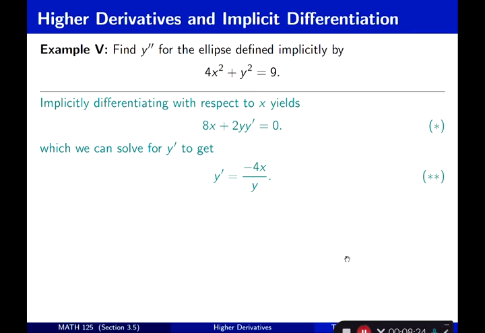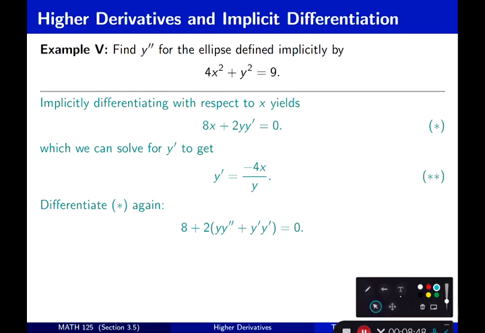So the other method, we're not going to solve for y prime from 8x plus 2y y prime equal to 0. I mean, we're not going to use the format that we solved, but we use the unsolved part to take another derivative. So take another derivative of this one, and in here you get the derivative of 8x is going to be 8.